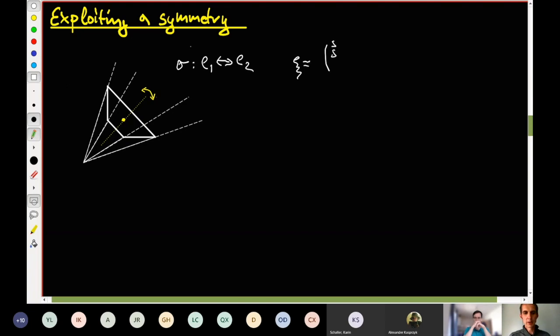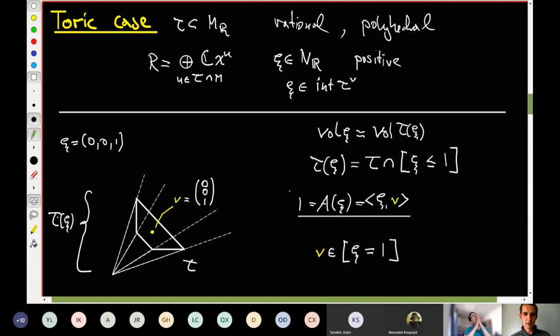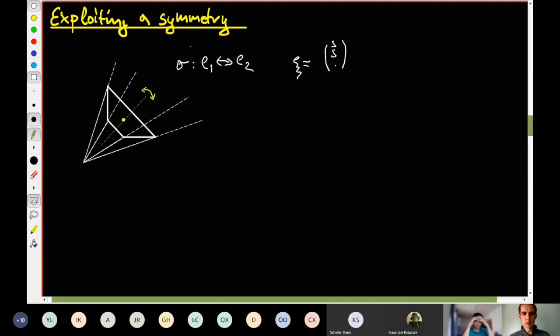So let me call it S. What about the third coordinate? I mean, the third coordinate is fixed by the condition that we have log discrepancy equal to 1. And remember, this was our canonical weight here. So this tells us if the pairing with this vector has to be equal to 1, of course, then the last coordinate has to be equal to 1.